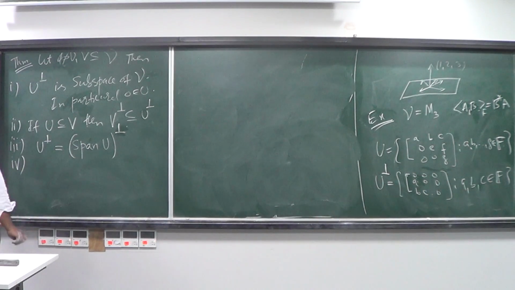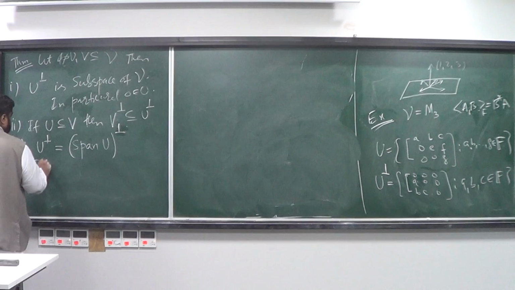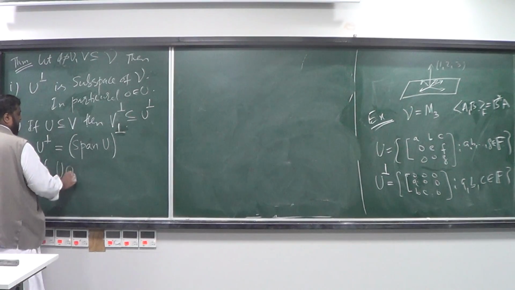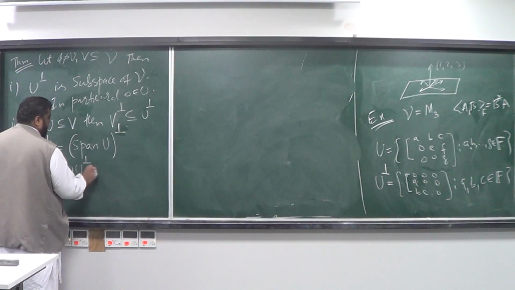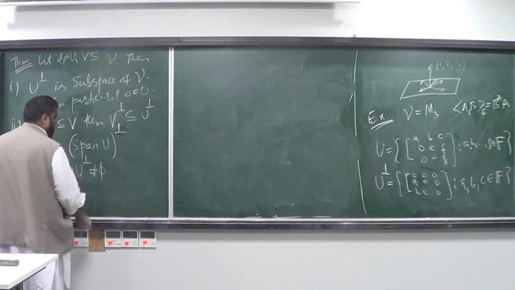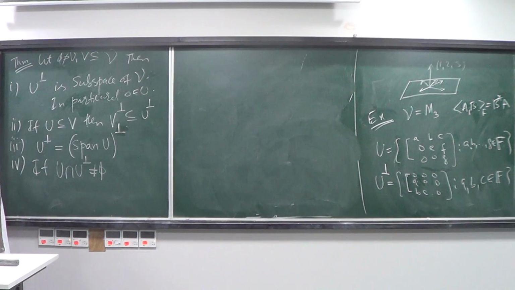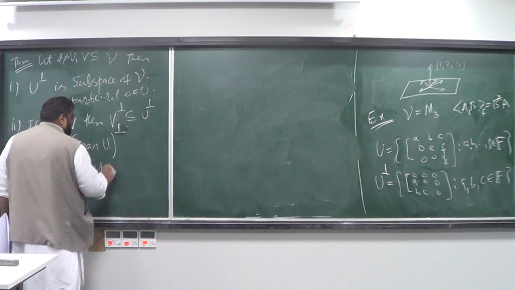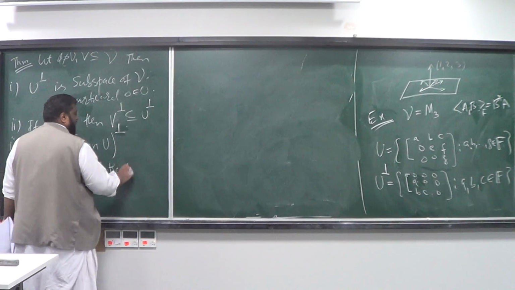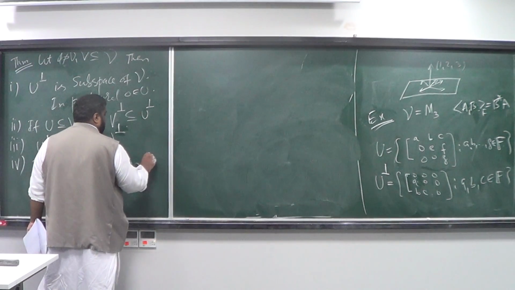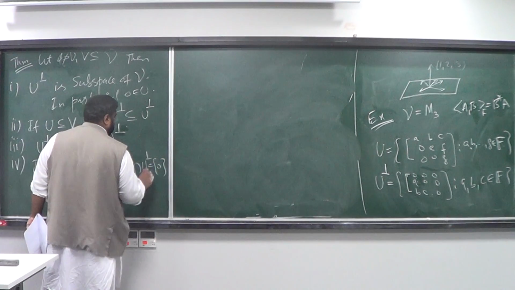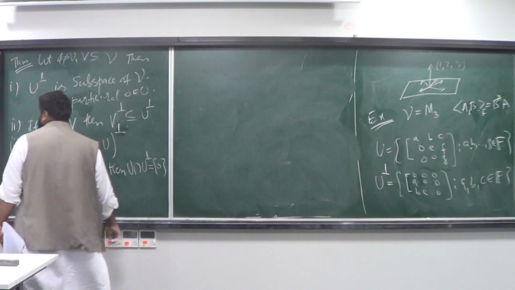The fourth interesting property is that if U and U perp have anything in common, so imagine that their intersection is non-empty, then the only thing that can be common between U and U perp is the 0 vector.